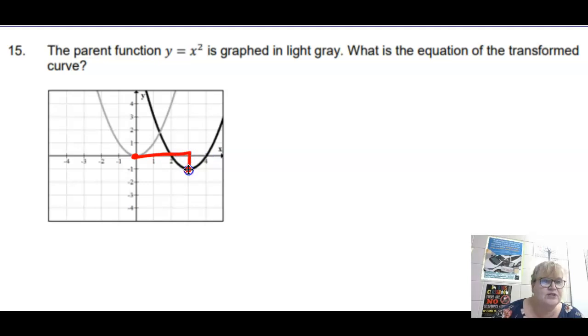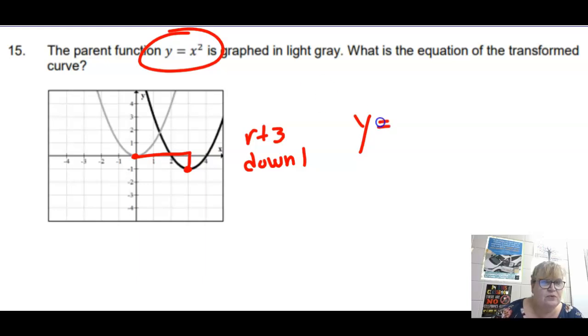So it hasn't stretched. It has just shifted right 3 and down 1, which, because it's a parent function of x squared, we're going to write something squared. Now, right 3, remember, is the opposite sign, so it's minus, and down 1 is minus on the back.